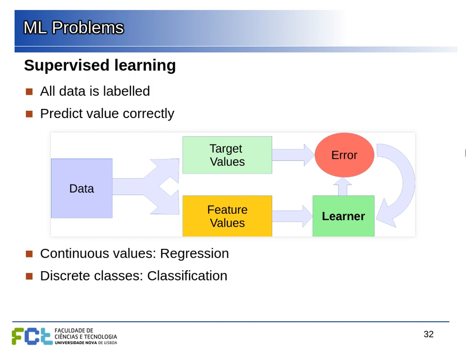The feature values will go into our learner, and the learner will try to predict the target value. And since we know the target value, because the data is labeled, we can measure the error between the two. We can see how far away our learner is from the target, and this allows us to supervise the learning progress and force our learner to predict the target value as well as possible.